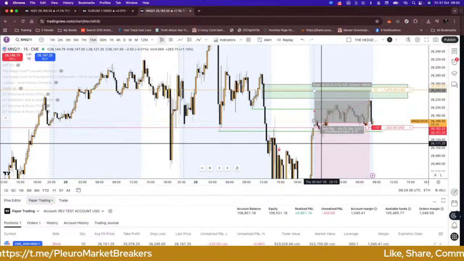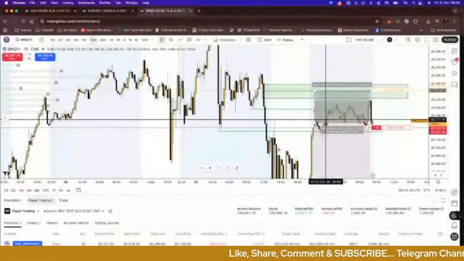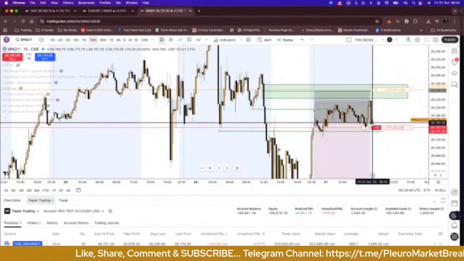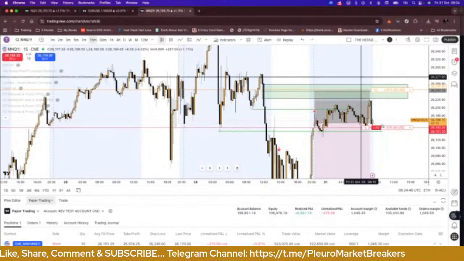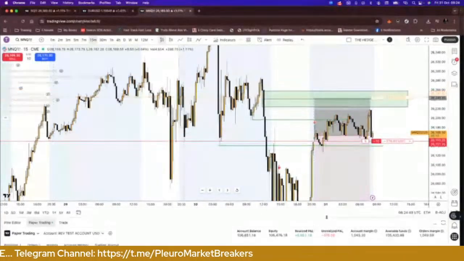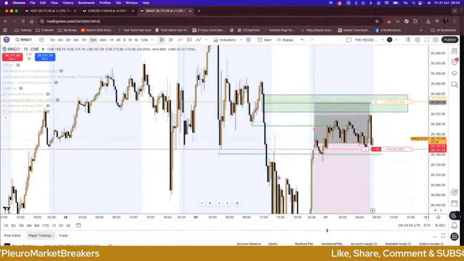So basically, this is my entry. That's my stop loss. So Asia basically took me through drawdown. I'm still sat in a little bit of drawdown. Again, I haven't traded Asia in almost 15 years, but I'm just testing out. This is my test account.